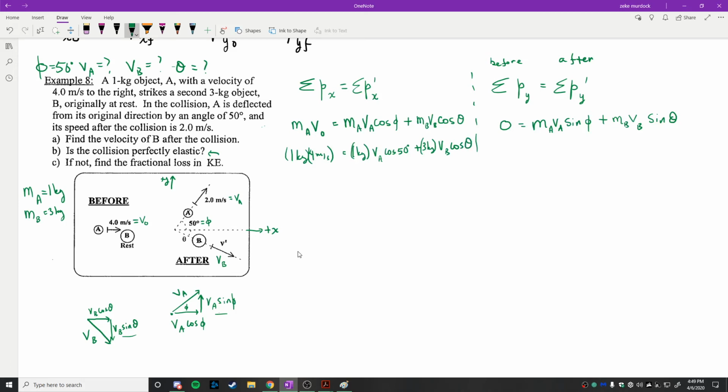Okay, again, you can see now which things are unknown, and we can probably write it to be a little bit clearer. 4 meters per second is equal to VA cos 50 plus 3 times VB cos theta.